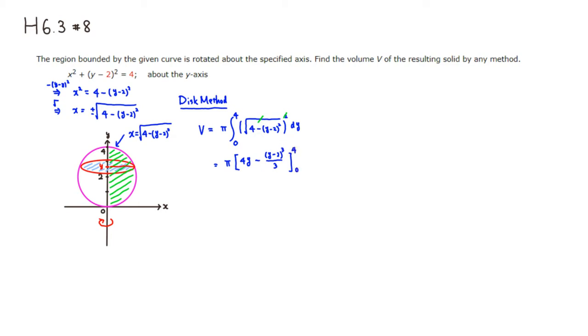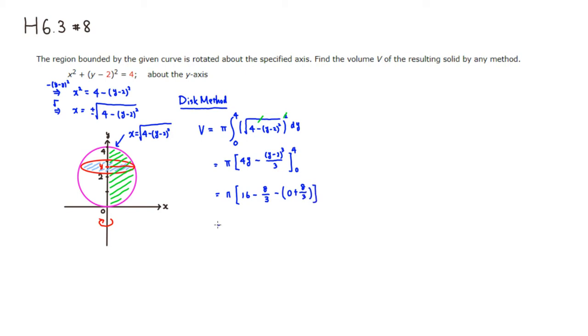If you plug in 4, 4 times 4 is 16, minus, I put 4 there, so you have 4 minus 2, and 2 cubed is 8 over 3. Minus, if you plug in 0, it's 0 there, and here it's going to be minus negative, so negative 2 cubed is negative 8, so it's plus 8 over 3.